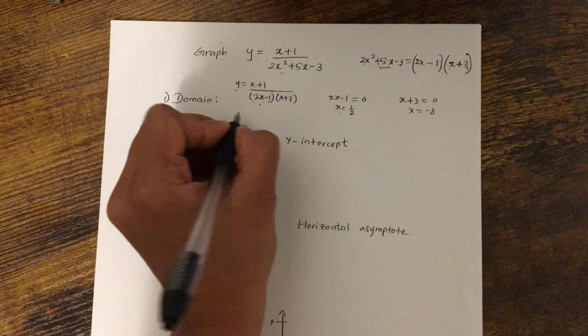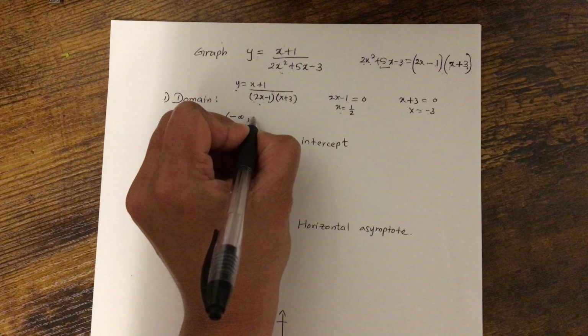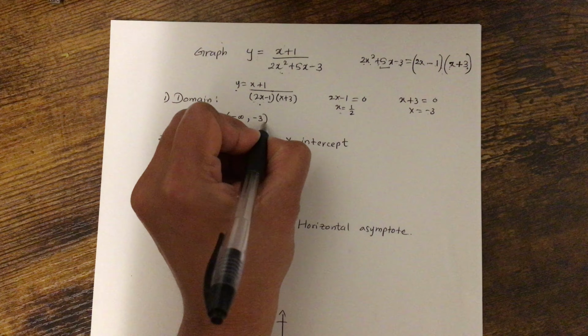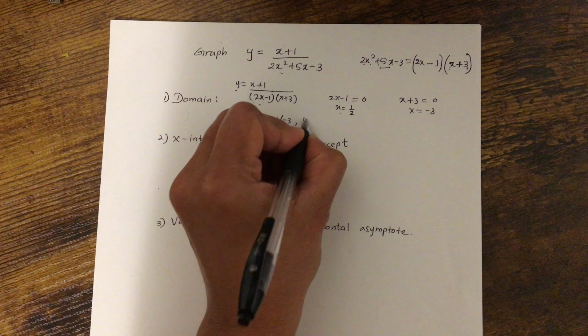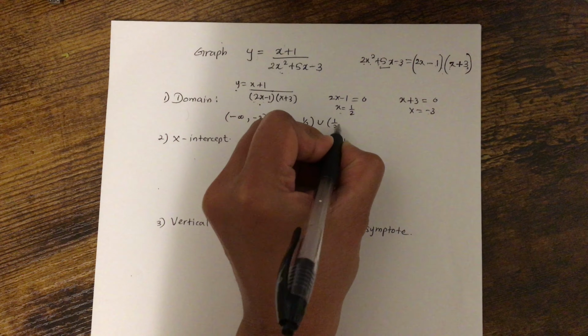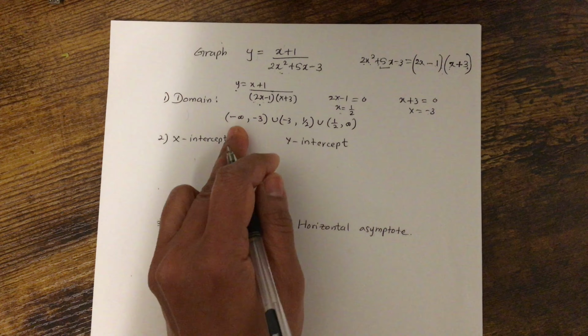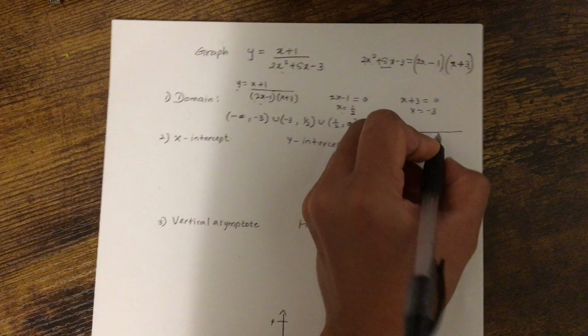So your domain should be negative infinity to negative 3 (open parenthesis), union negative 3 to positive half (open), union half to positive infinity. So this is your domain. It is like this on the real line.